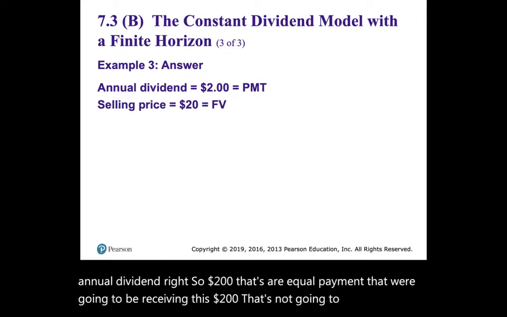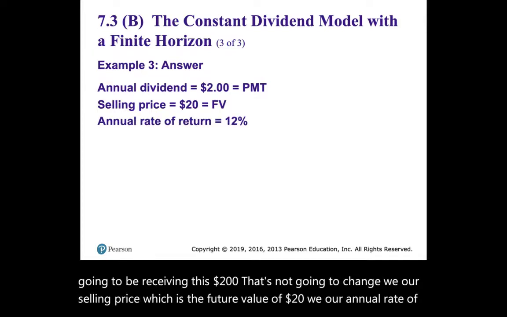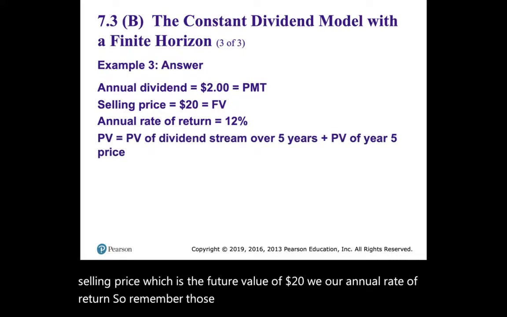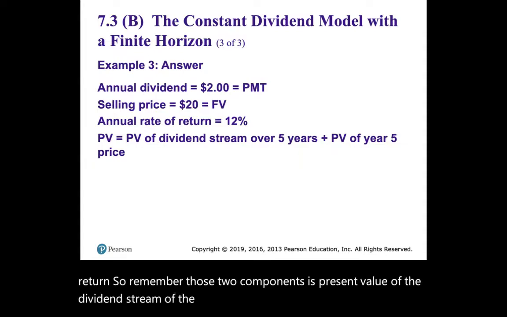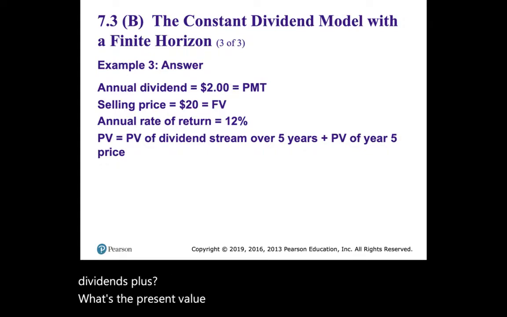We know our selling price, which is the future value of $20. We know our annual rate of return. So remember, those two components: the present value of the dividend stream over the 5 years, so what's the value of the cash flow that we're getting from the dividends, plus what's the present value of the selling price?